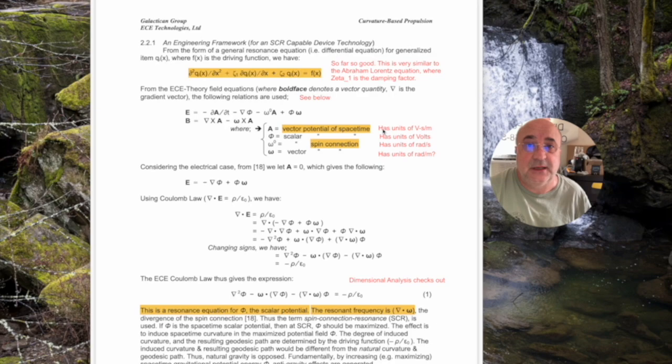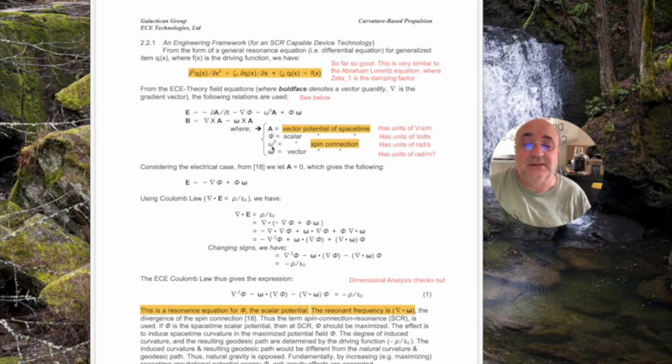But in everyone else's book, it's the magnetic vector potential, and it has units of volt-seconds per meter, or Webers per meter. Phi is the scalar potential of spacetime, but for it to be E, the electric field, it has units of volts, not energy. So he's changing his specs for phi.